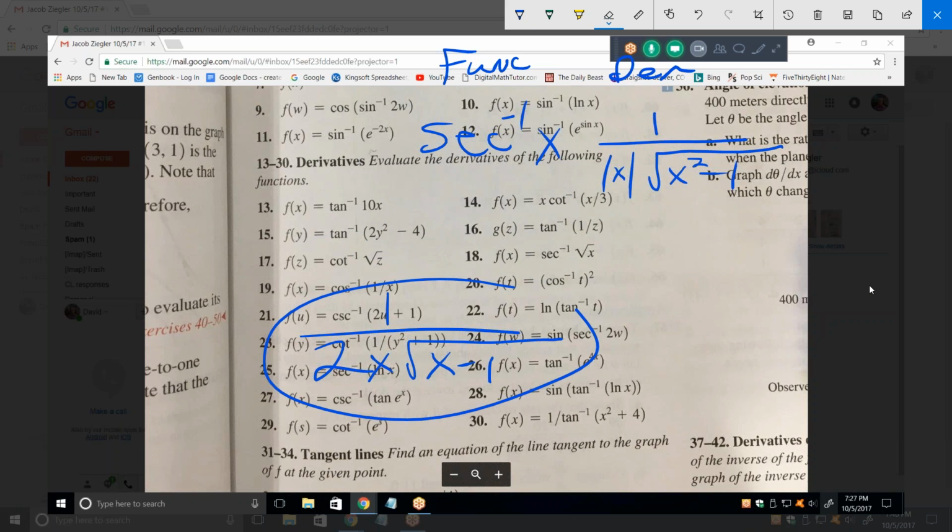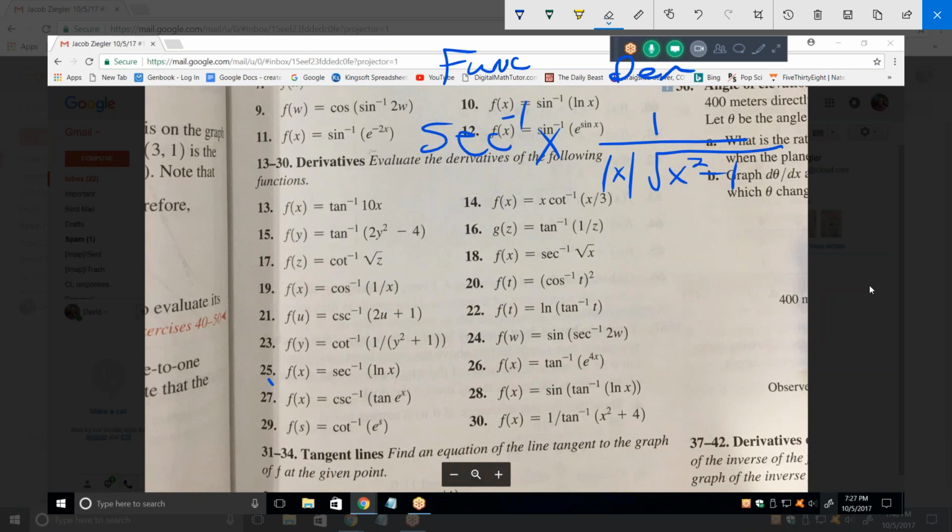Let's do one more. Let's see if we can find one more secant. Yeah, let's do 25 next. Okay, I have the formula written up there. So, the derivative of the outside.